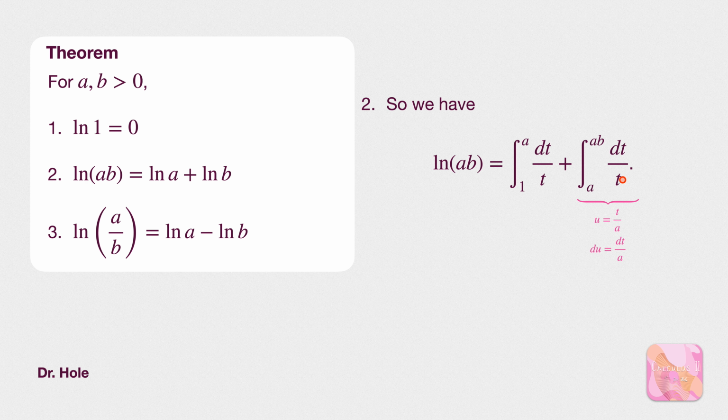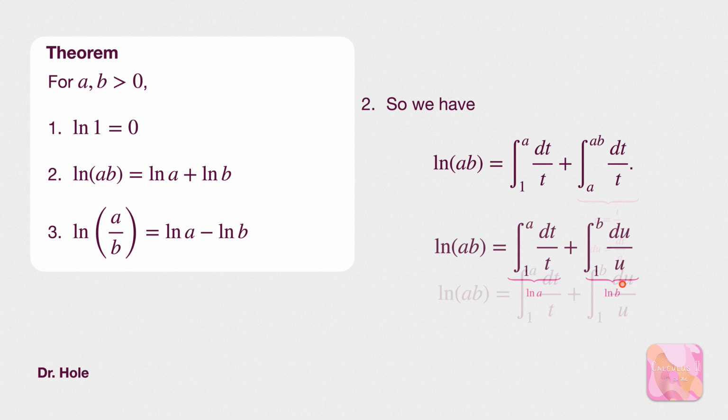Note that if we want to swap out for t, t is a times u, and thus we're going to be able to achieve an a in the denominator. And so we're going to come up with the second integral with this substitution taking our good form.